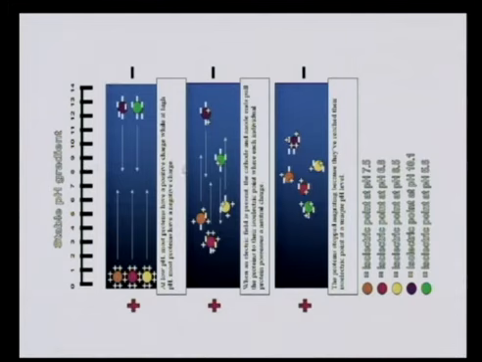So the charged ions are separated, but their separation is based on their isoelectric point. If you compare these three images, you can notice that initially they were either positively or negatively charged. As the IEF progresses, the ions get separated based on their isoelectric point.